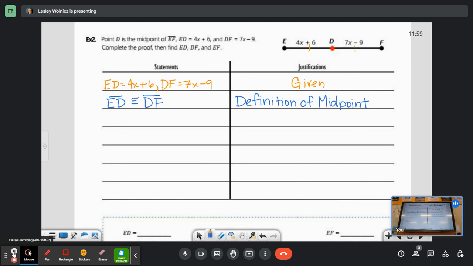If it had said point D bisects the segment, we would say they're congruent because of the definition of bisect. Does that make sense?